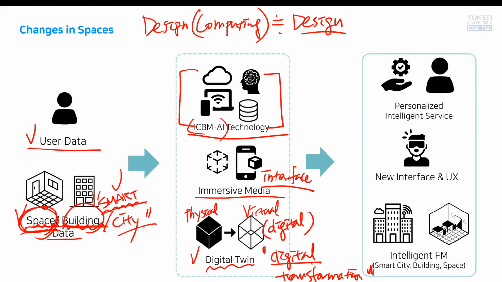One of them is the acceleration of digital transformation. As you know, the Korean government has a new plan, the Digital New Deal. You know what the New Deal is, right? Digital New Deal.